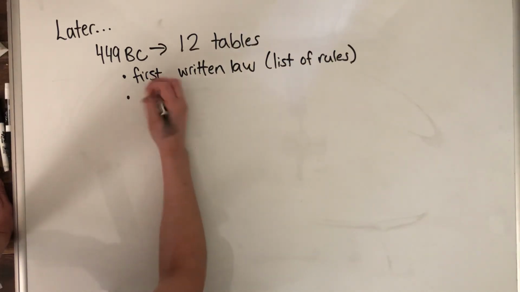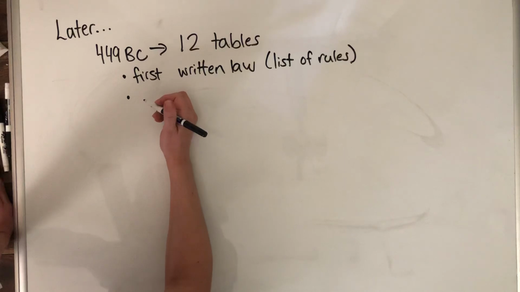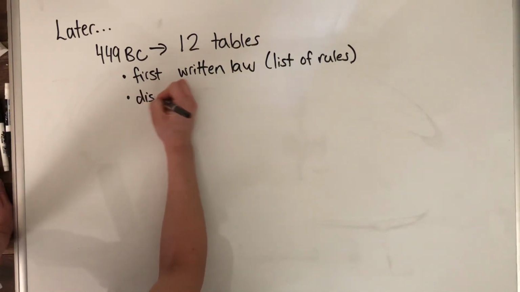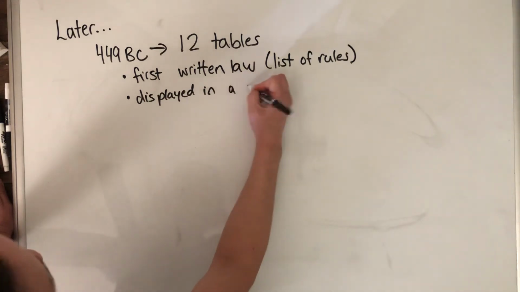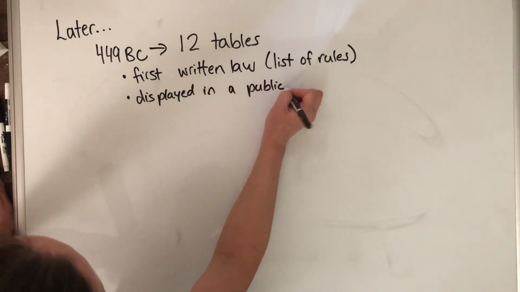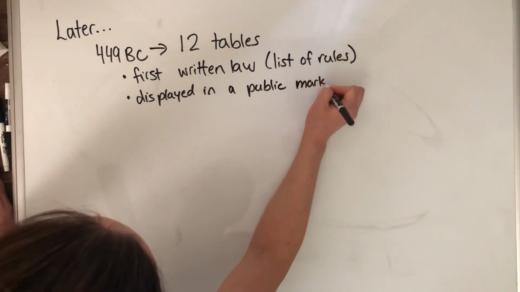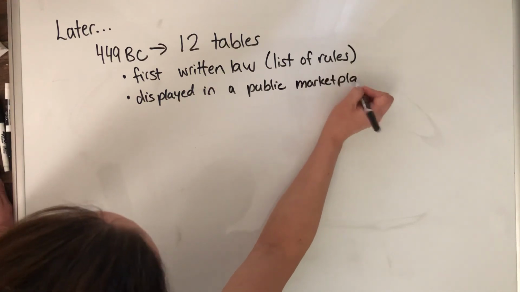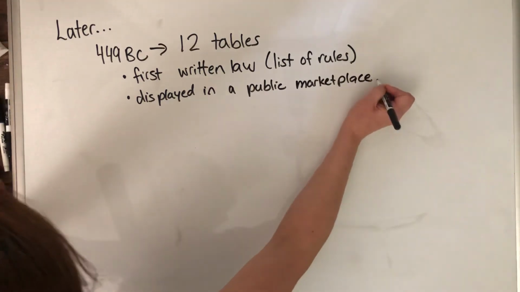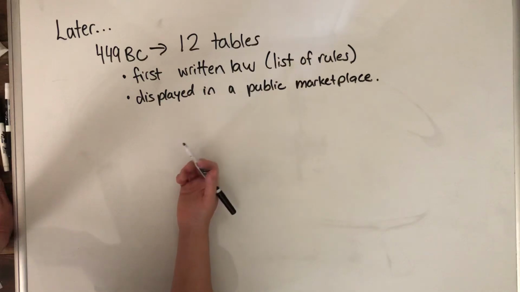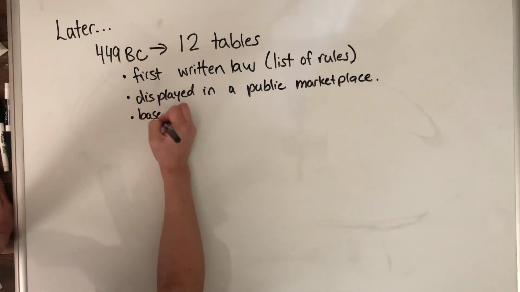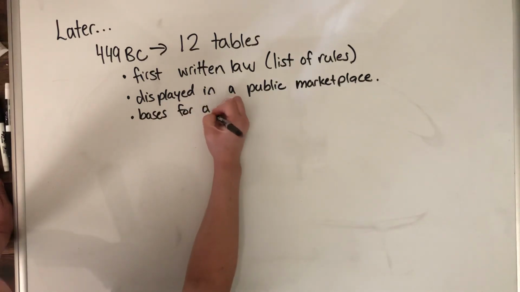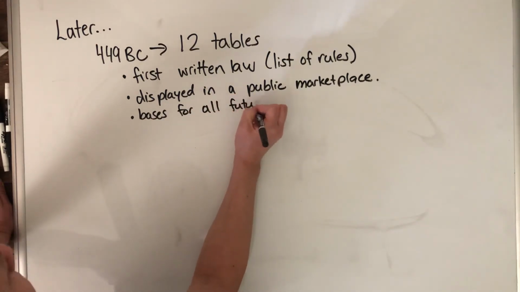They took those 12 tables or tablets and they displayed them in a public marketplace, or what they would call a forum, for everyone to see and everybody to read. This became the basis for all future Roman law.